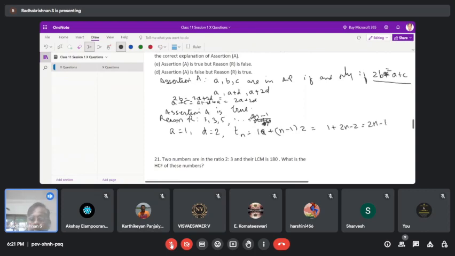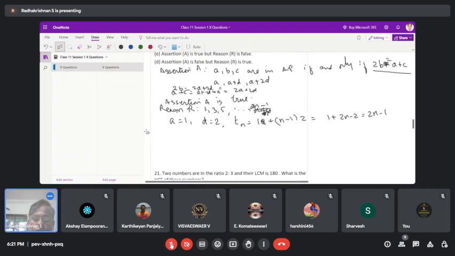I first mentally wrote that 2n minus 1. Okay, so Tn, this is your formula, so you get 2n minus 1. Therefore, the sum to n terms, right? Sum to n terms is given.